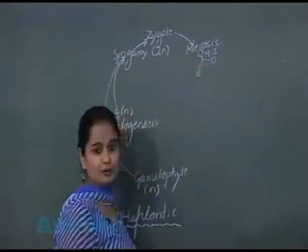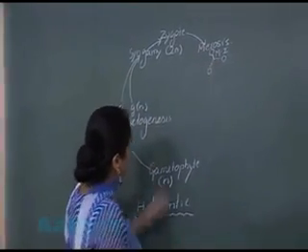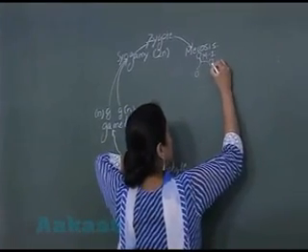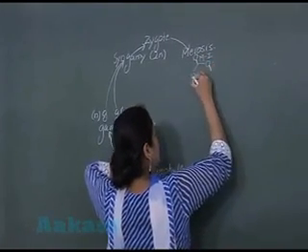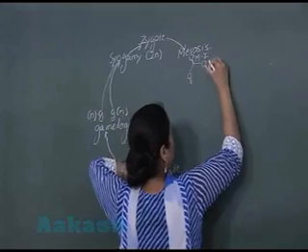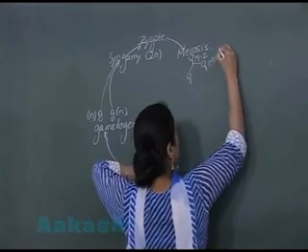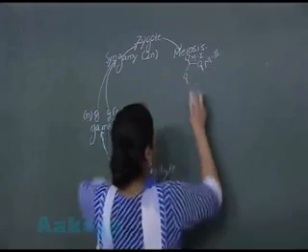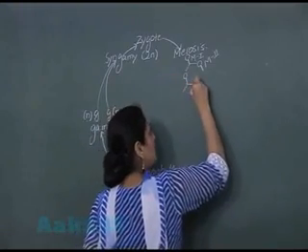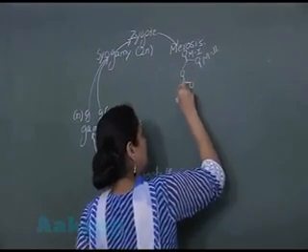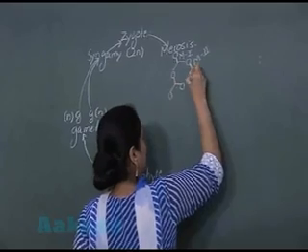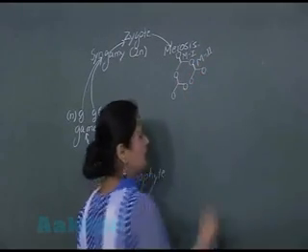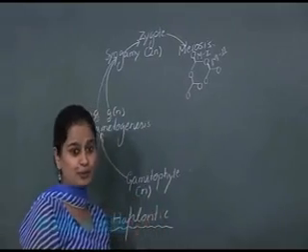Meiosis 1 के बाद दो cells form हुए. Now ये जो दो cells यहाँ पर form हुए, these cells will undergo meiosis 2. Each cell which is formed will undergo meiosis 2. और meiosis 2 के बाद ये जो cell है, ये 2 सेल बना देगा. So after the meiosis there is formation of the 4 products.